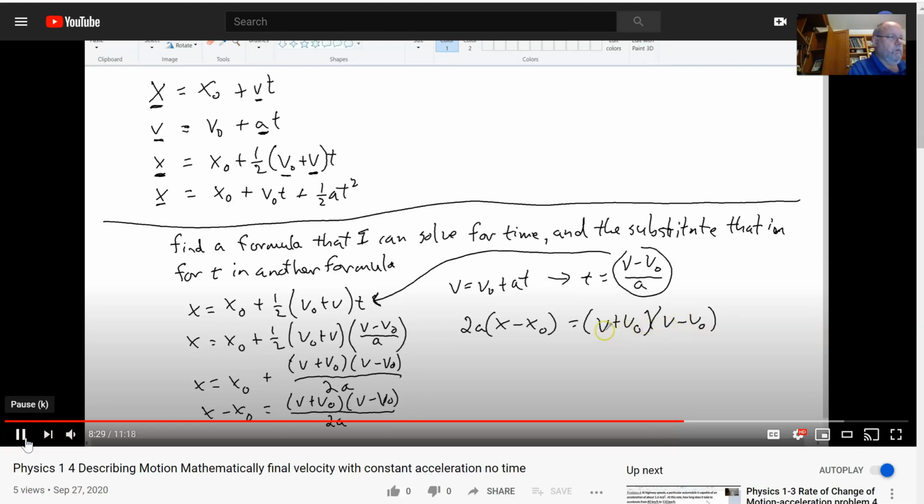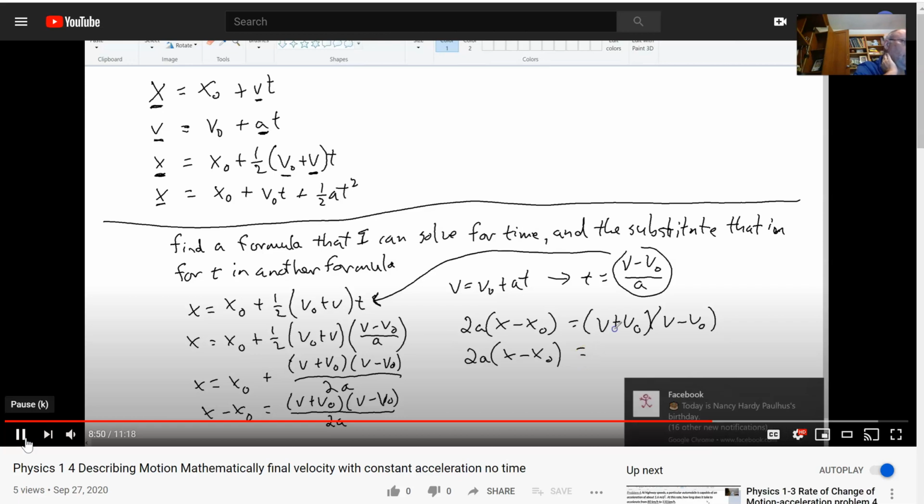I'm going to end up with v squared minus v times v0 plus v times v0 minus v0 squared.